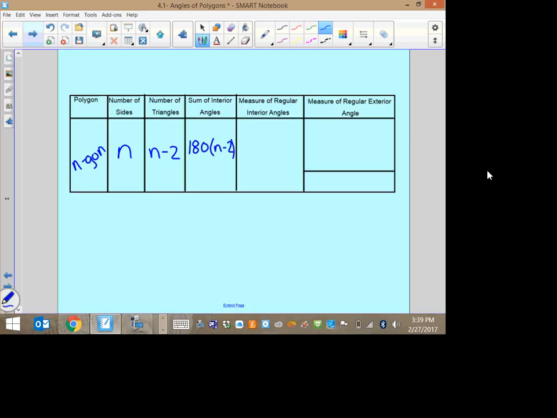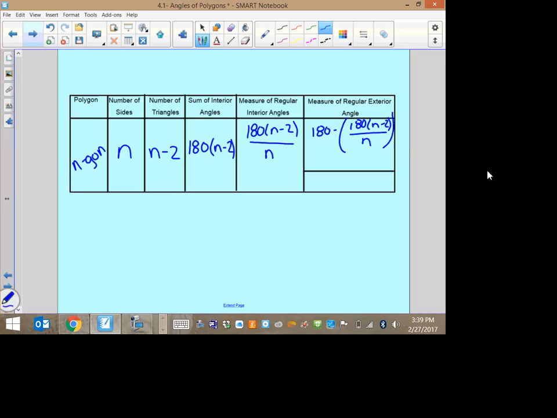And then we take the sum and divide it by our number of sides. So 180 times n minus 2 divided by our number of sides for the measure of regular interior angles. And the measure of regular exterior angles, before we were taking 180 minus our interior angle.